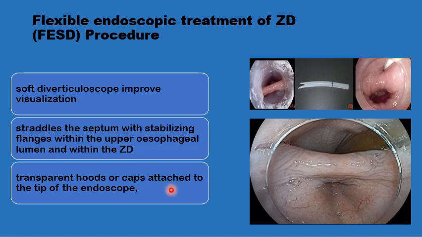The other way is to use a transparent hood on the tip of the scope, that was also going to improve visualization in the narrow area in the lower part of the hypopharynx.